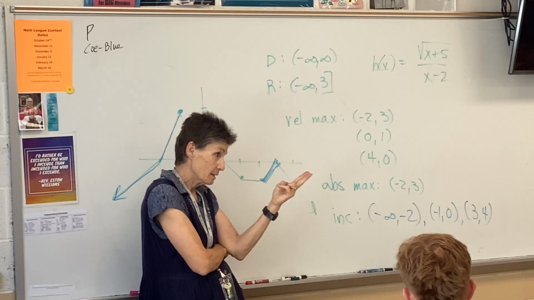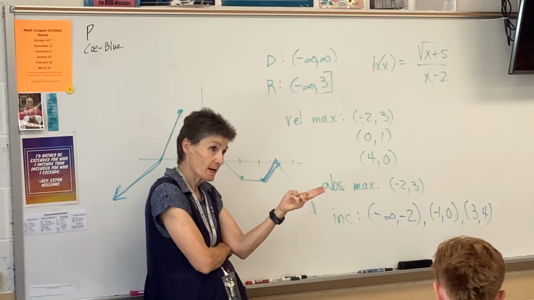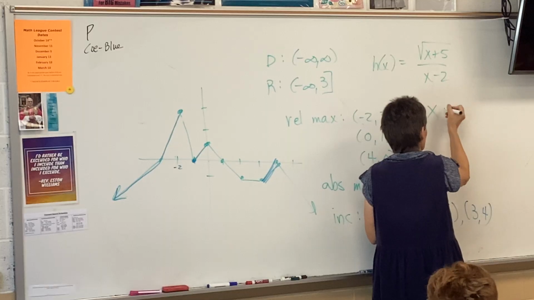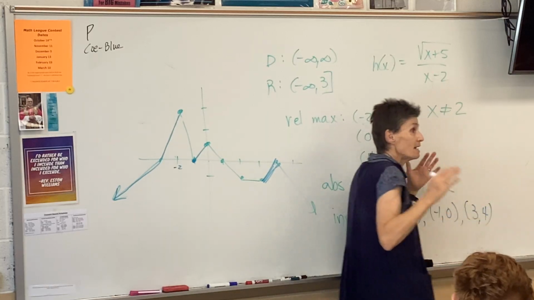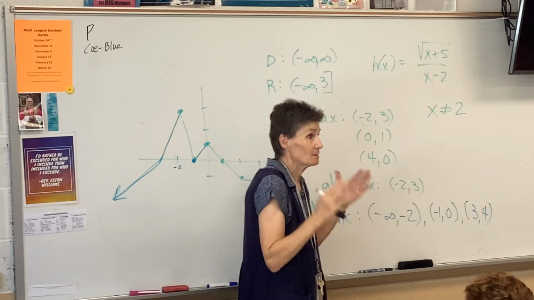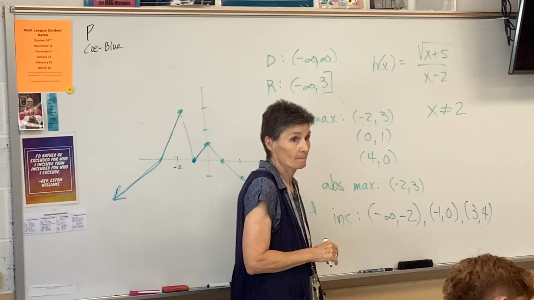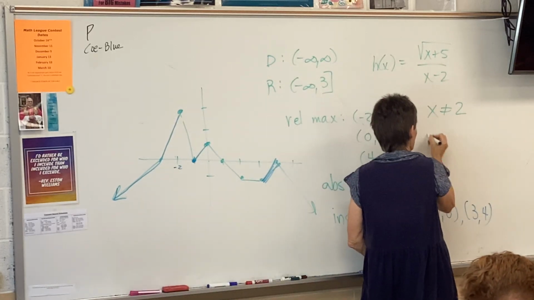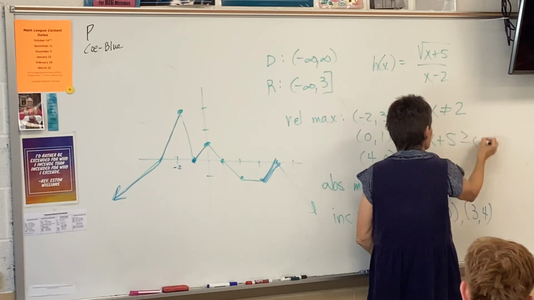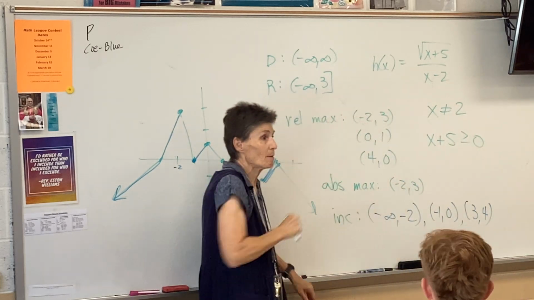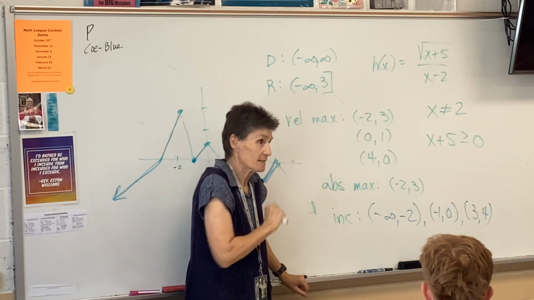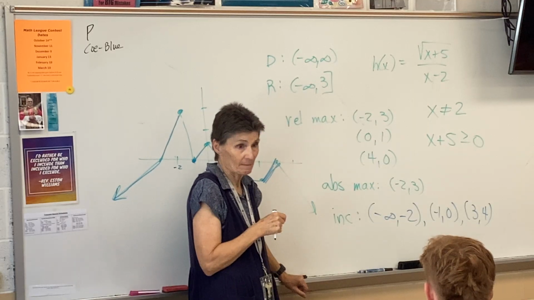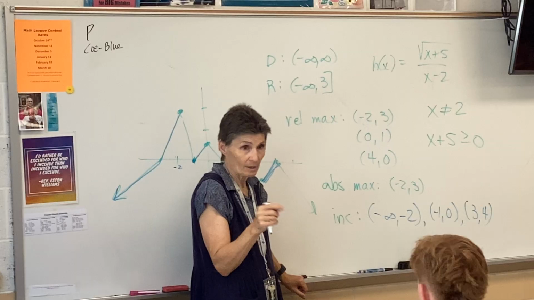Radical and denominator. The denominator tells me that whatever happens, x cannot be 2. And then the radical tells me that whatever is under it has to be bigger than 0 or equal to 0. Because if it's negative, what happens? I get i's, and we don't want i's.